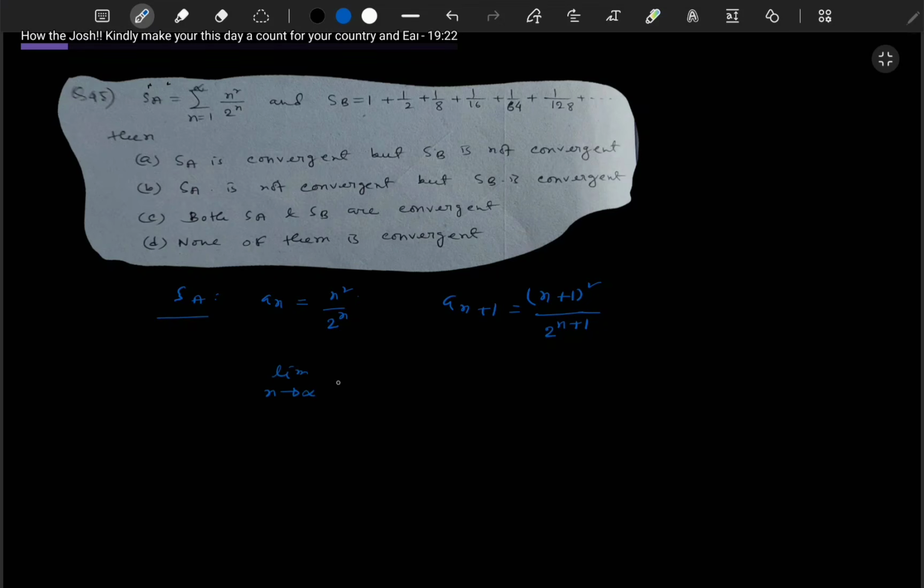Limit n tends to infinity of a_(n+1) by a_n equals limit n tends to infinity of (n+1) squared by 2 to the power (n+1) divided by n squared by 2 to the power n, which is limit n tends to infinity of (1 plus 1 by n) whole squared into 1 by 2.